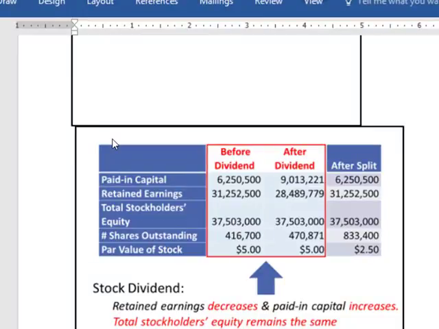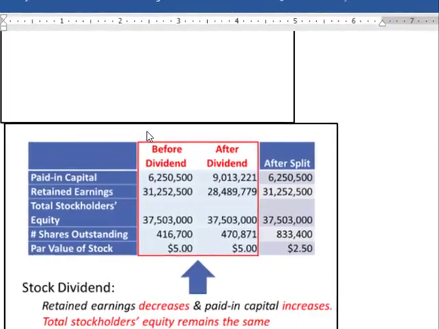So that debit to stock dividends decreased retained earnings, just like cash dividends decrease retained earnings. And then we shifted that amount into paid-in capital. Paid-in capital, remember, represents both common stock and paid-in capital in excess of par.